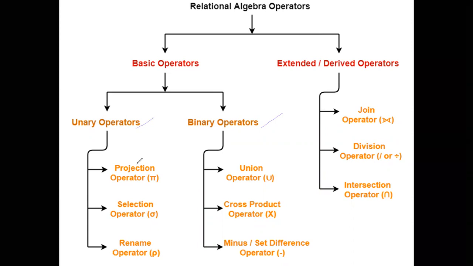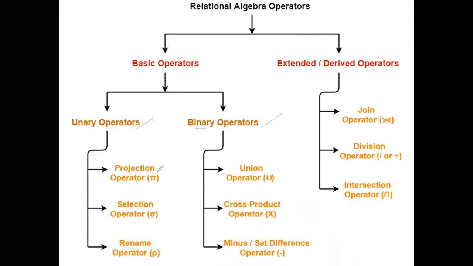Binary operators are the operators which we apply on two or more relations, basically two, since binary means two. Unary means a single relation.